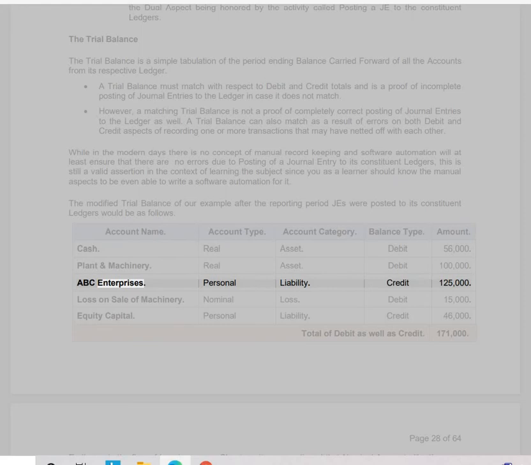ABC Enterprises, personal liability, credit 125,000. Loss on sale of machinery, nominal loss, debit 15,000. Equity capital, personal liability, credit 46,000. Total of debit as well as credit: 171,000. Page 28 of 64.